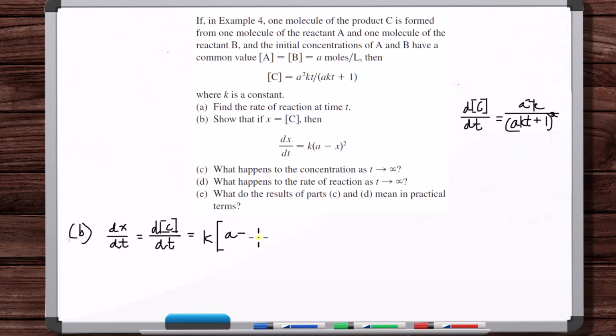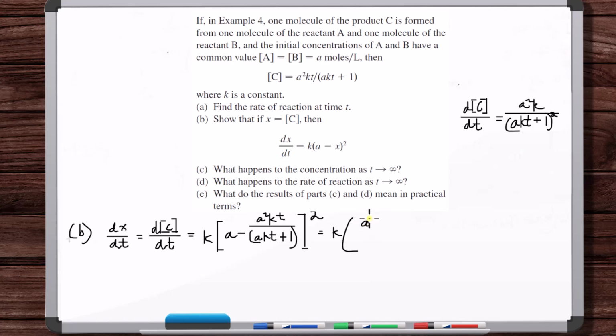So a kt plus 1. Okay, so let's just simplify this. If we multiply this a by 1 in the form of (akt plus 1) over (akt plus 1), what do we get?